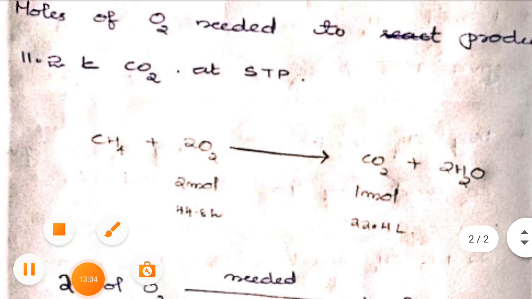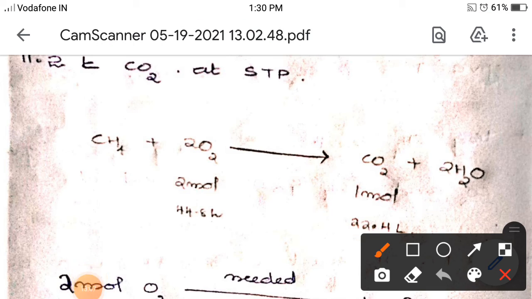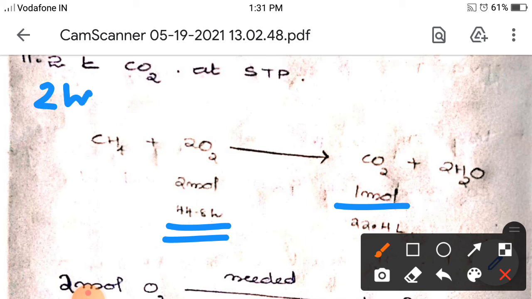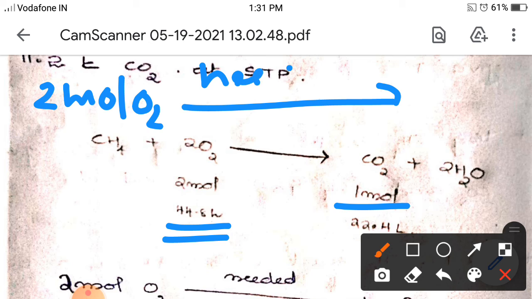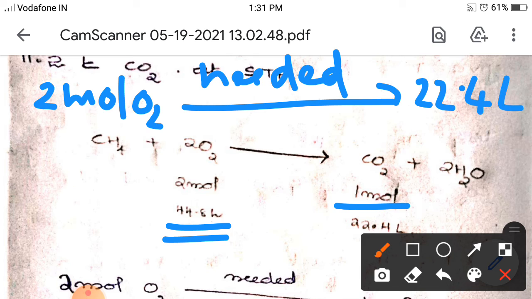This is the balanced chemical equation for that. From that we already know that for CH4, 2 mole means 44.8 and 1 mole means 22.4. Then from the balanced chemical equation, 2 mole O2 is needed to get 22.4 liter carbon dioxide.